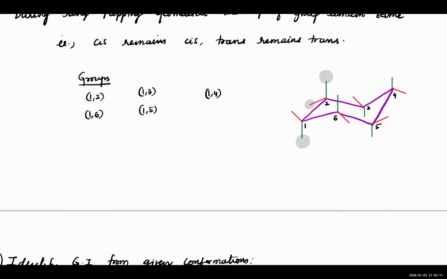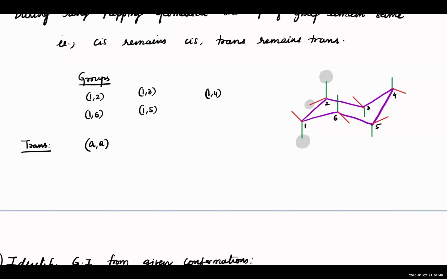Now notice one thing. If you notice 1 2 here, 1 and 2, their axial and axial are trans to each other. So let me put down trans. So you will find the trans isomer when both of these are axial and axial. And the logic is not only valid for 1 2, it is the same as 1 6, because they are both at equal distance. You can see if this and this group are opposite to each other, that means these are trans to each other.